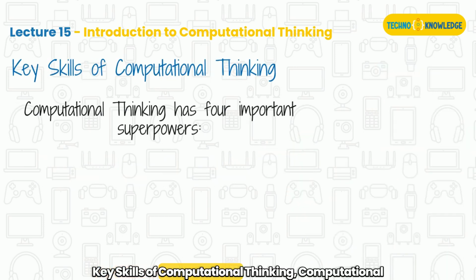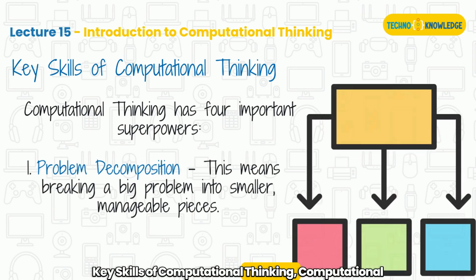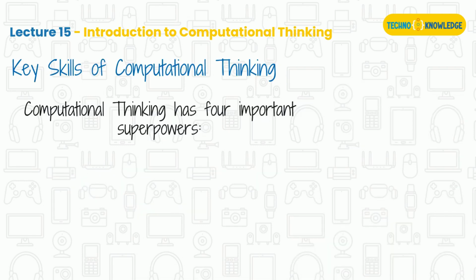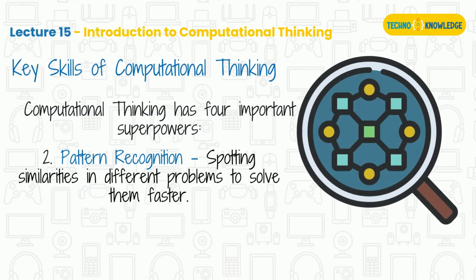Key skills of computational thinking. Computational thinking has 4 important superpowers. Problem decomposition. This means breaking a big problem into smaller, manageable pieces. Pattern recognition.